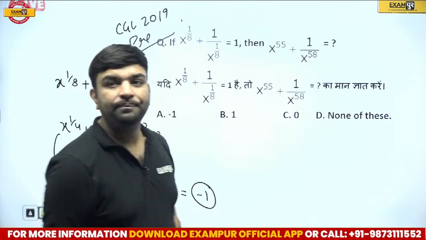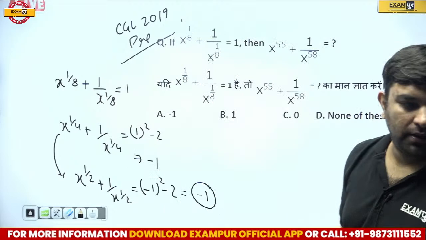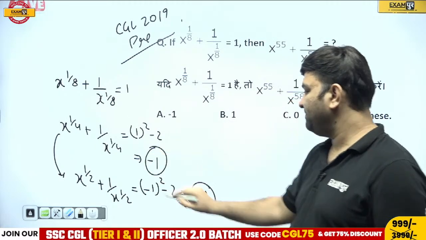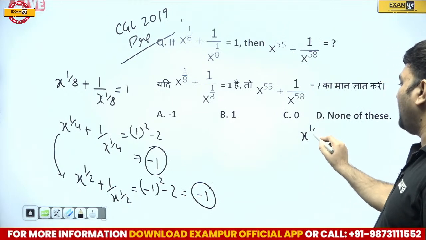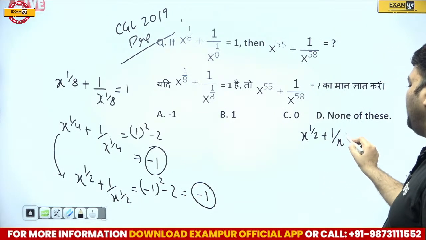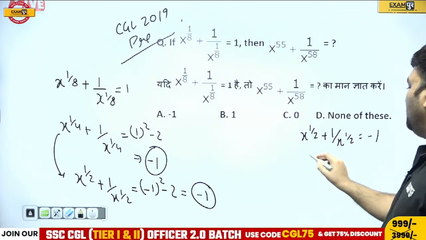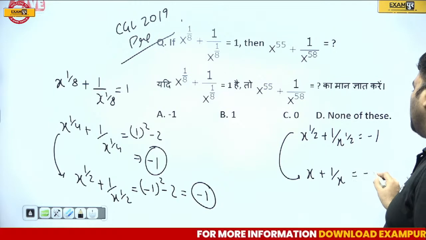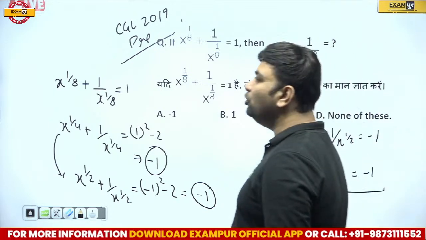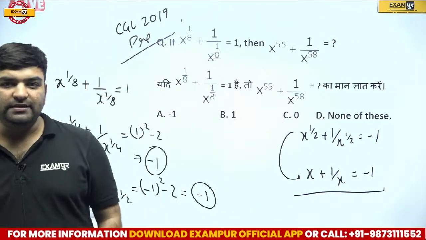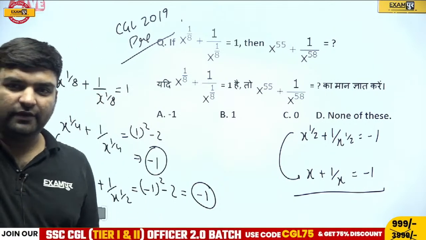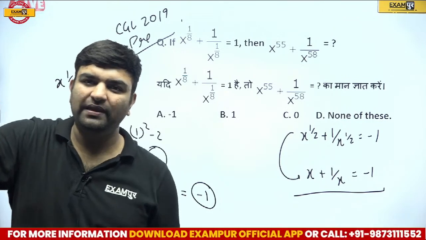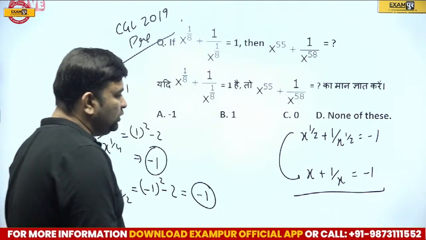It's a loop. Guys, it's a loop. Loop means minus 1, minus 1, minus 1. So x to the power half plus 1 upon x to the power half is coming minus 1. You can say, sir, x plus 1 upon x will also come as minus 1, because it's a loop. The value is stuck. Minus 1 square minus 2 is minus 1, minus 1, minus 1. So it's a loop.